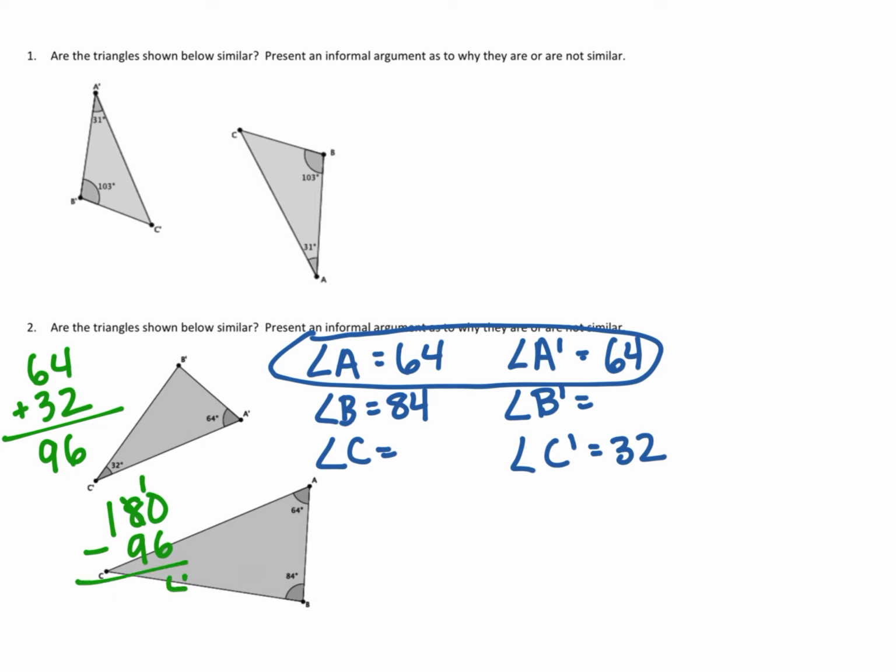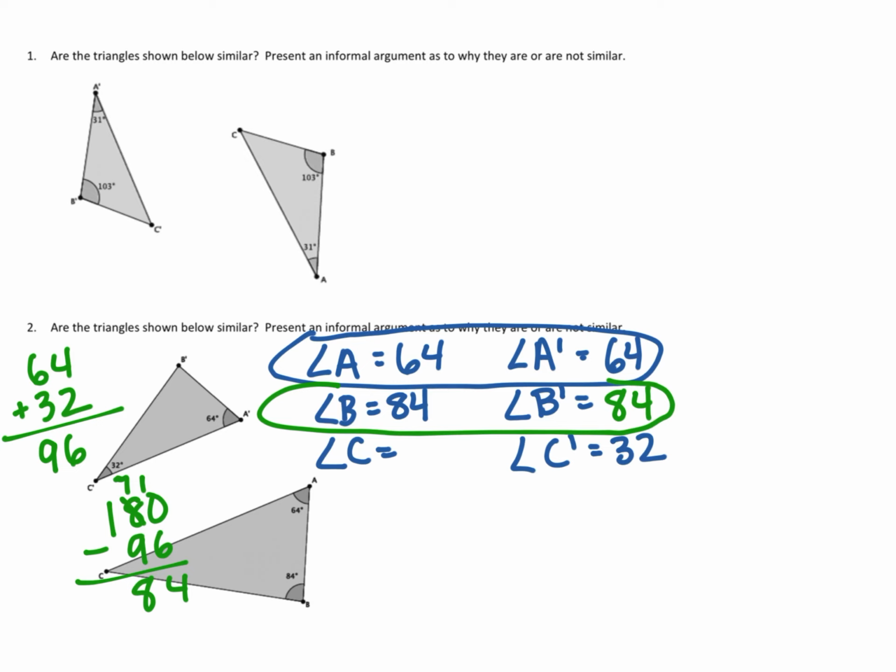10 minus 6 is 4. 7 minus 9 I can't do, but 17 minus 9 is 8. So B prime must be 84, which gives me that second set of angles that are equal in measure.